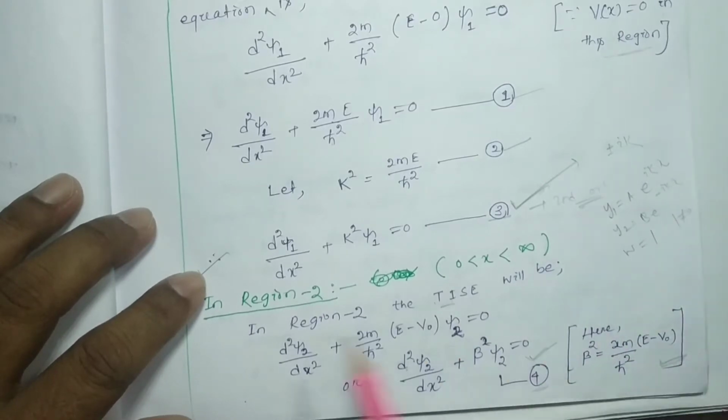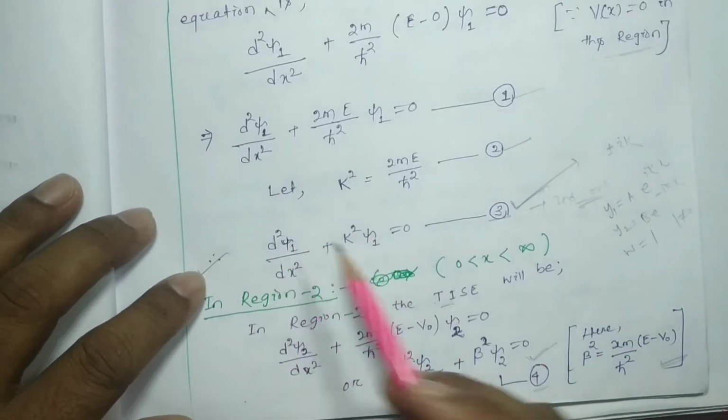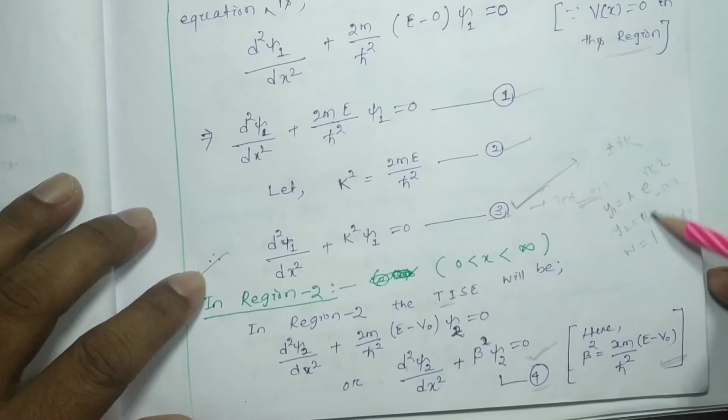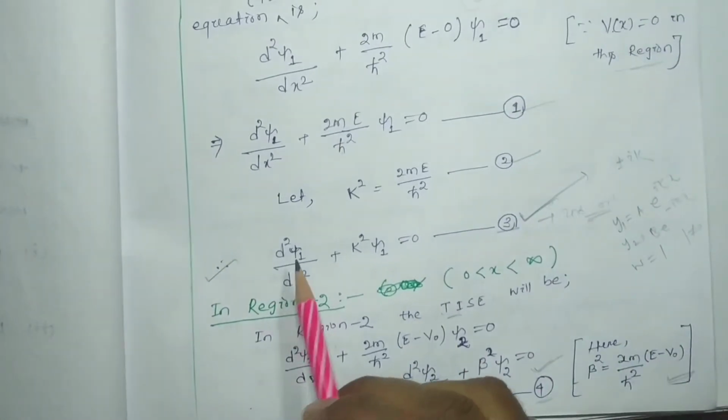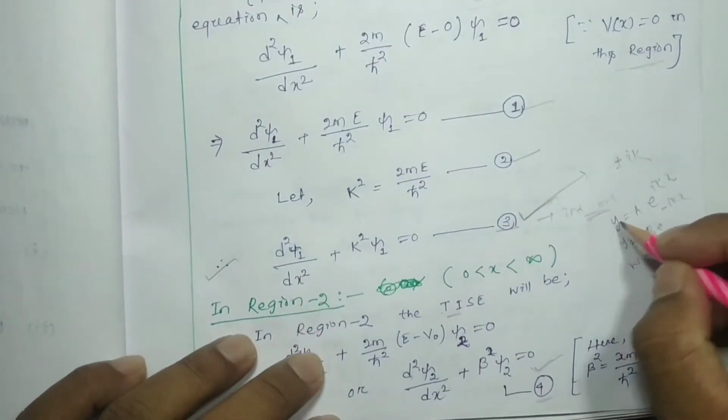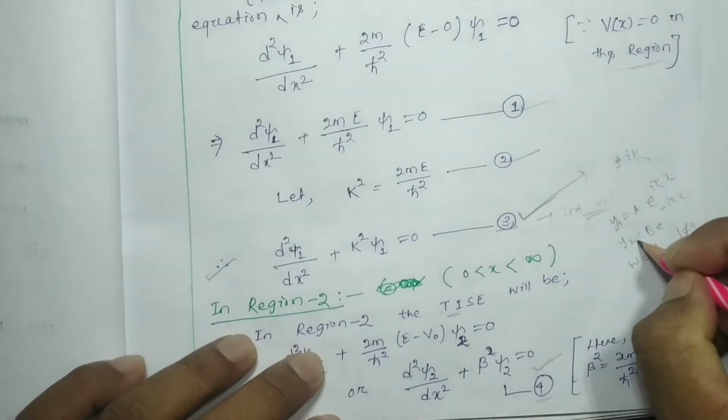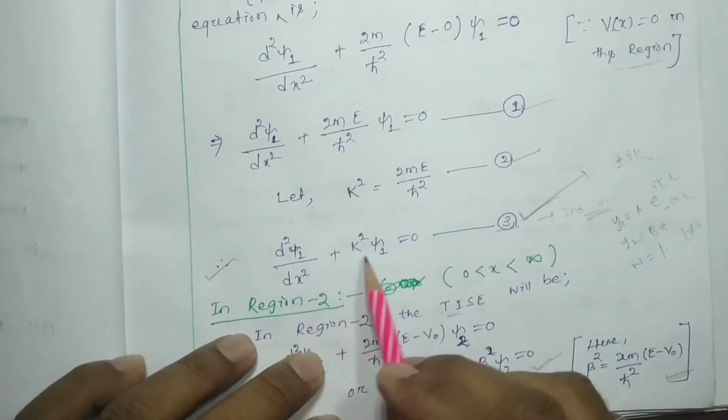So hence the general solution of this differential equation will be the linear combination of these two solutions.